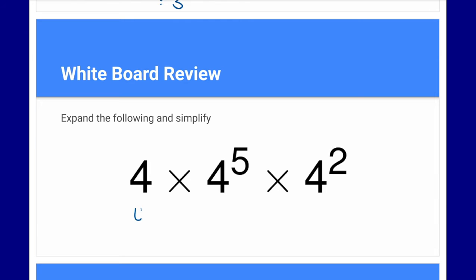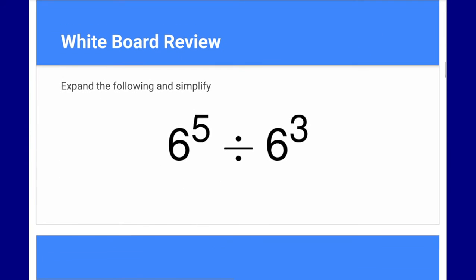We have a 4, multiplied by 4 to the power of 5, which means 5 4's, and then we have 2 4's. If I simplify this all together, I should have 8 4's, so I can write it as 4 to the power of 8.